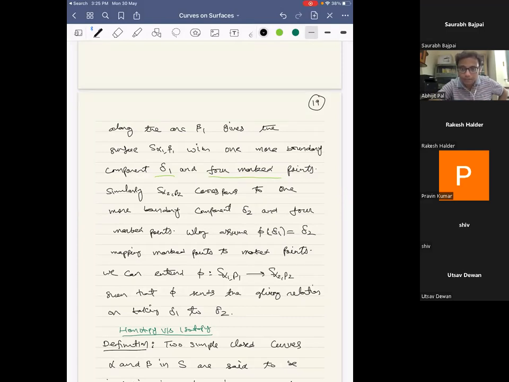It's stuck, I guess. Is it visible? No. Your picture is, I mean, we can see your note, but are you drawing anything? No, we can't see it. Maybe you scroll down. Now? No, we can't see your screen.